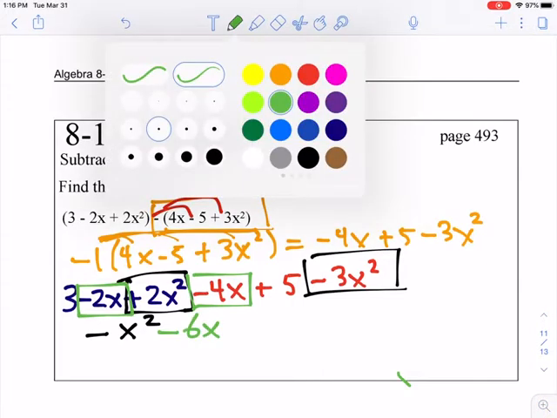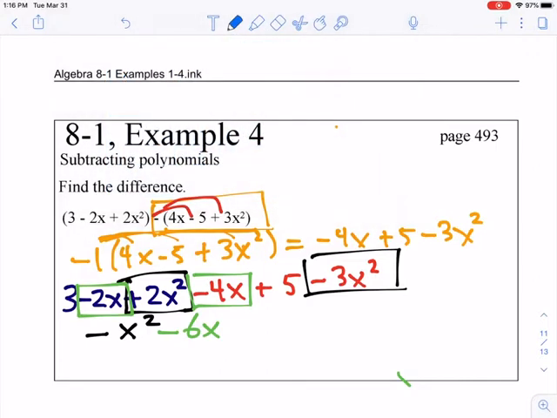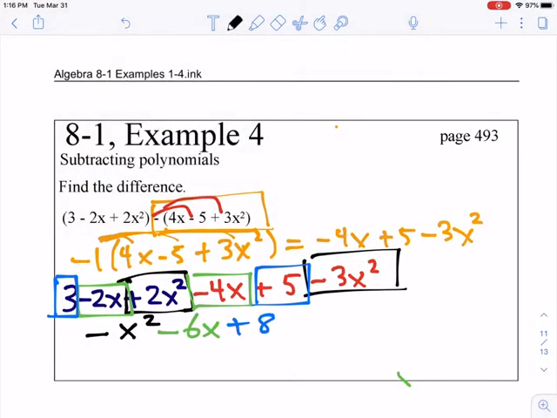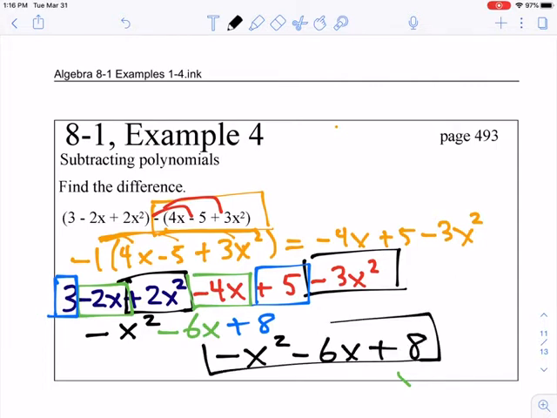And then we'll switch colors one last time. Go back to blue. +3 and +5 gives me +8. So my final answer, if I write it all in one color, is -x squared minus 6x plus 8 is the combined form when you subtract polynomials.